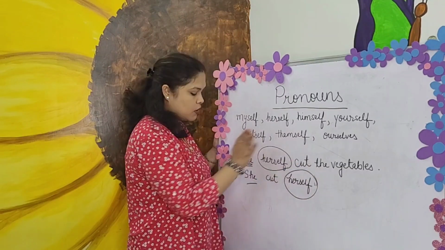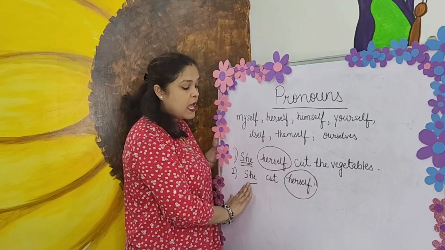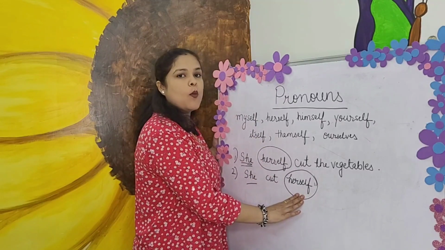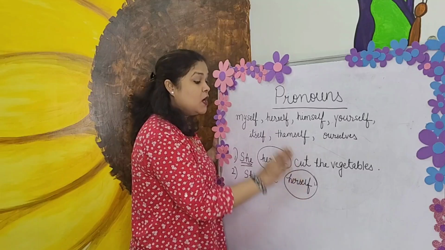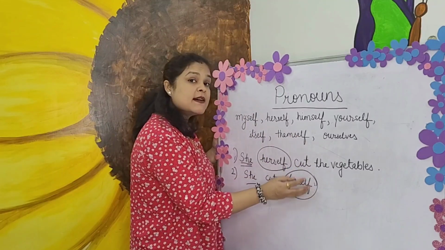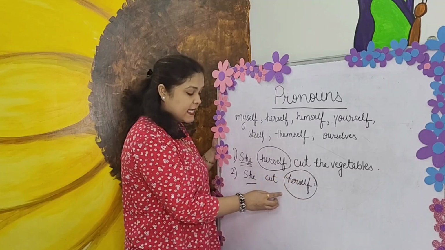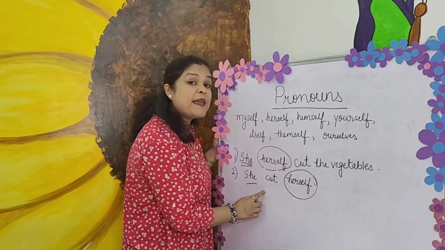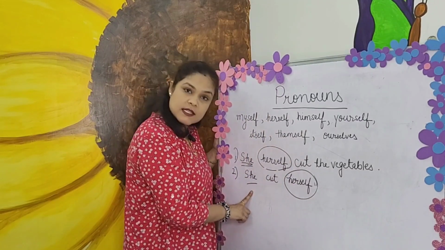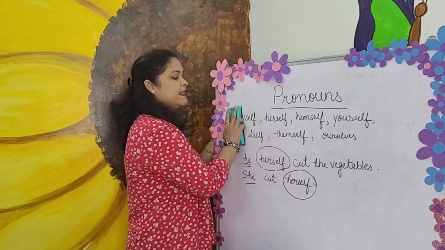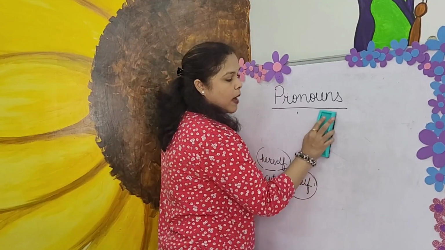Here also, she is acting as personal pronoun and herself is acting as a pronoun. What kind? That I'm about to tell you. So here, in this case, herself is basically emphasizing that the action of cut is being performed on the subject. Correct? Let us get deeper and then try to understand one by one.